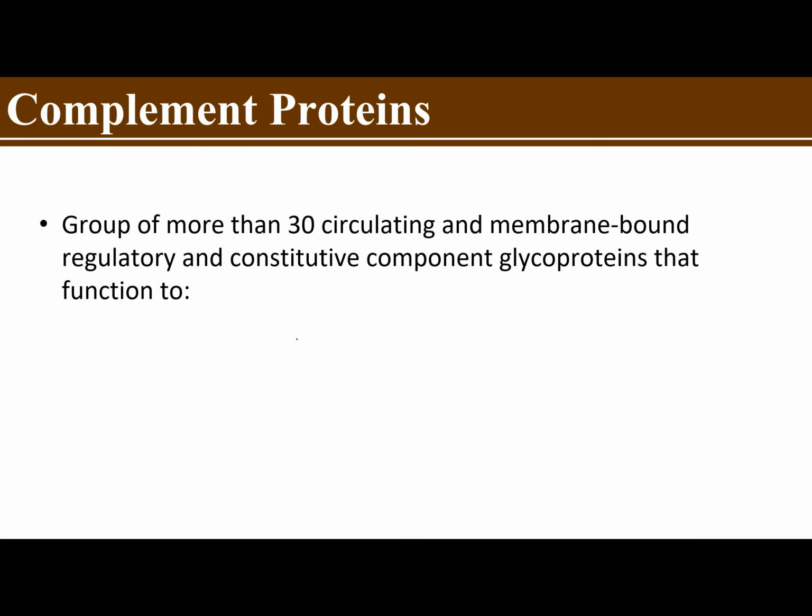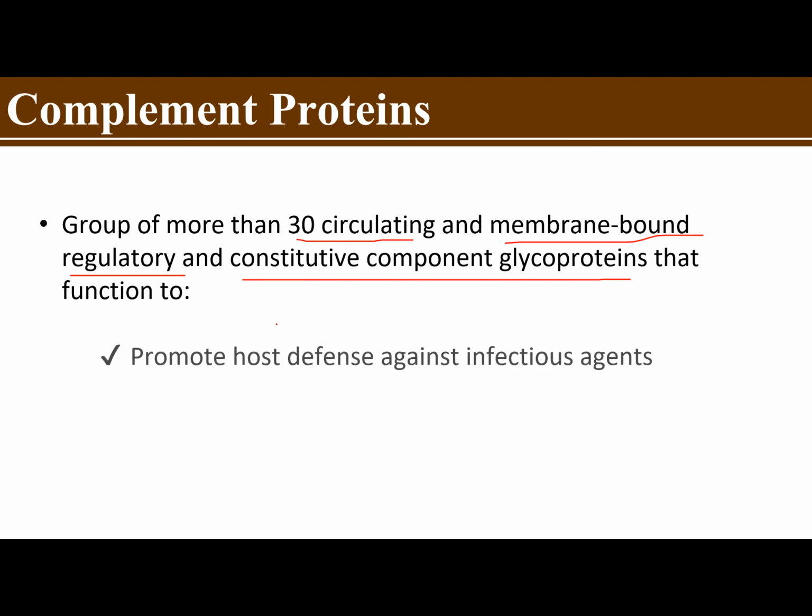Now, please take note, class, that the complement system, as earlier mentioned, is made up of complement proteins. Now, what are these proteins, class? This is a group of more than 30 circulating and membrane bound regulatory and constitutive component glycoproteins that have different functions.